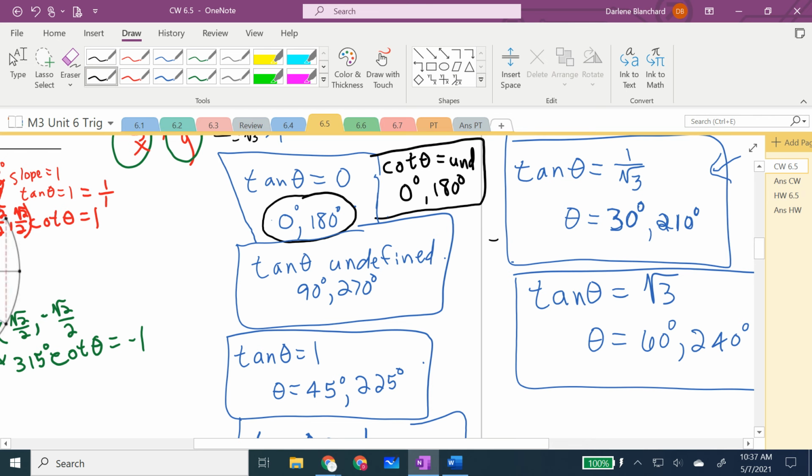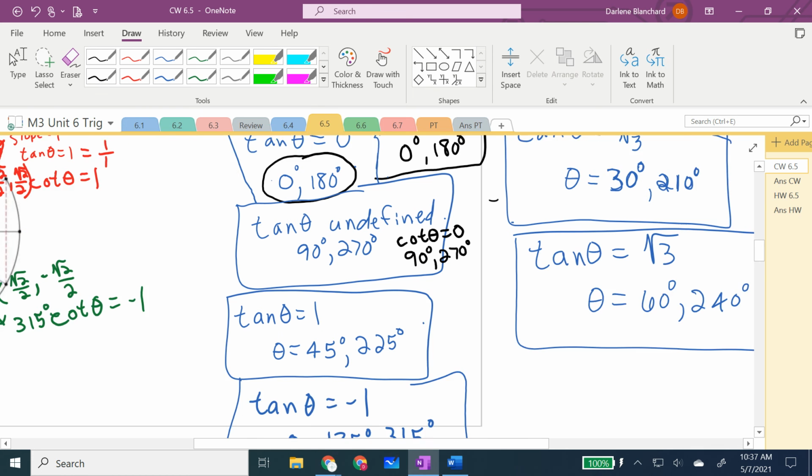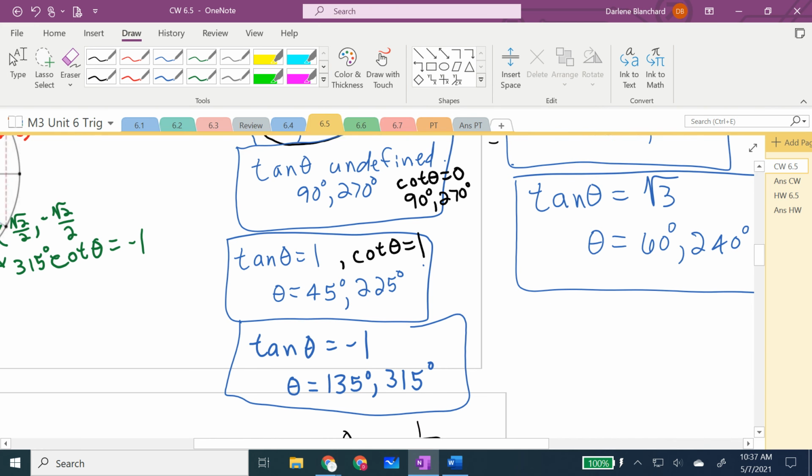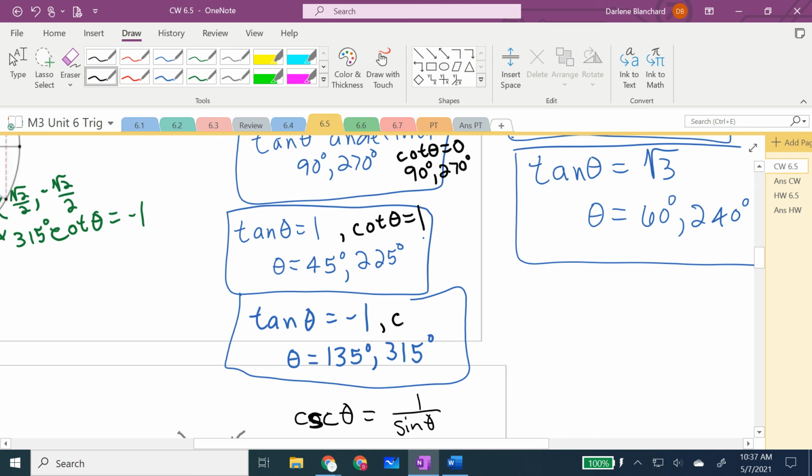And where tangent is undefined, that's where cotangent is equal to 0. At 90 degrees and 270 degrees. Where tangent is 1, cotangent is also equal to 1. 45 degrees and 225. Where tangent is -1, cotangent is also -1 at 135 degrees and 315 degrees.